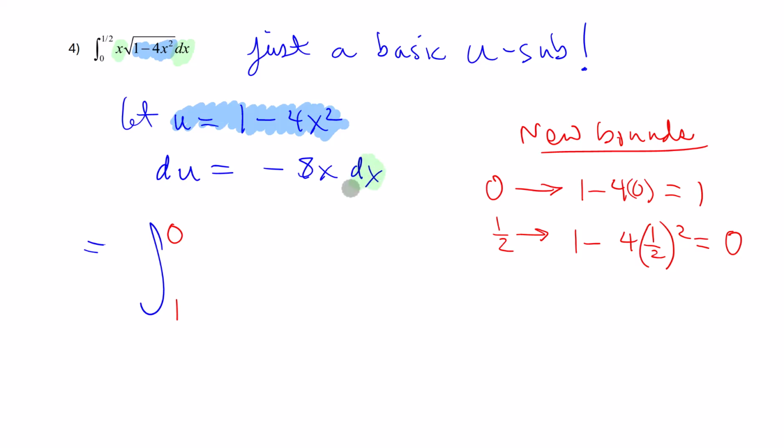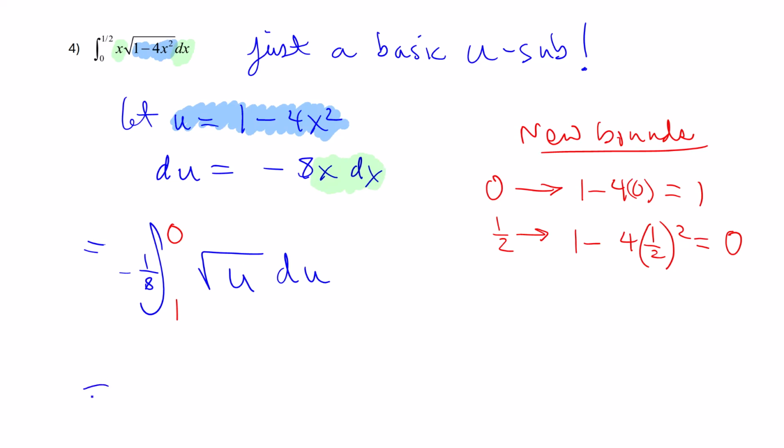Well, those are both now part of our du expression, with the added slight annoyance of this constant that's not present, this negative 8. But as you know, we can divide by -8 on both sides to deal with that, no problem. So I'm going to do that, put a -1/8 out front. That'll take care of the -8. And then that will allow me to replace the x dx with just the du. So we'll put the du at the end, and then I'll have the square root of u before that, which is really just u to the 1/2. We'll be able to handle that pretty easily.